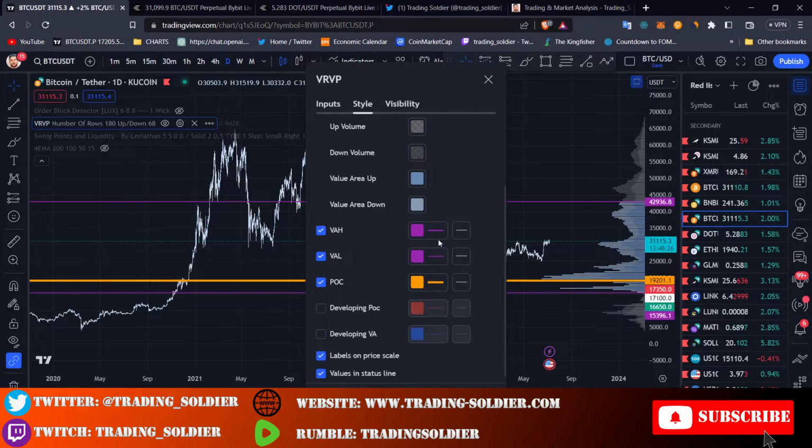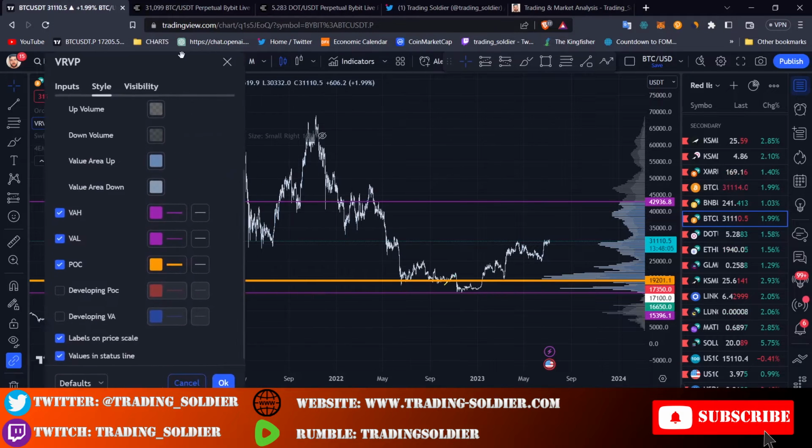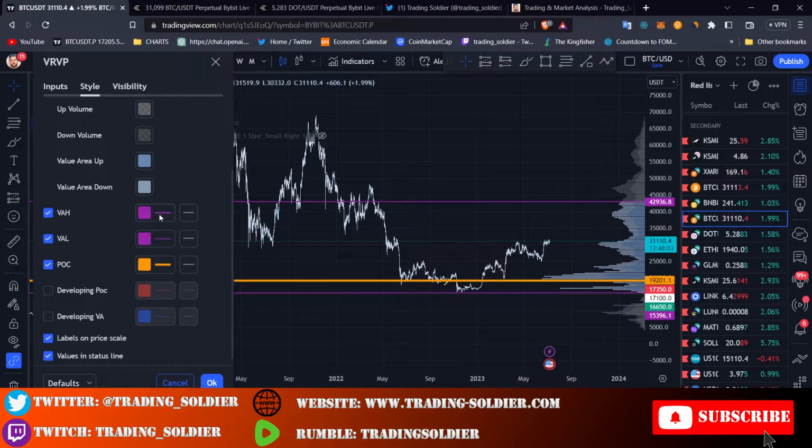But the important thing here is to check these boxes, the VAH and the VAL, because this is very important for trading with the VRVP, the Visible Range Volume Profile. Why? Because as you see here, these two lines are in purple color.